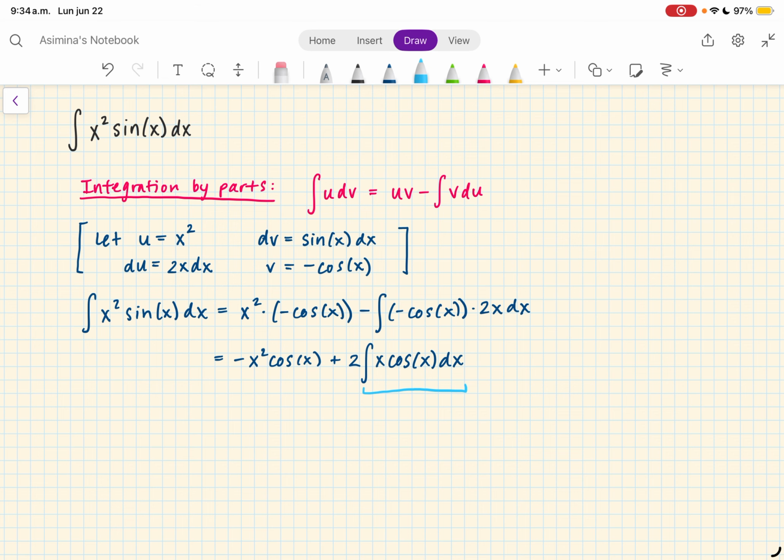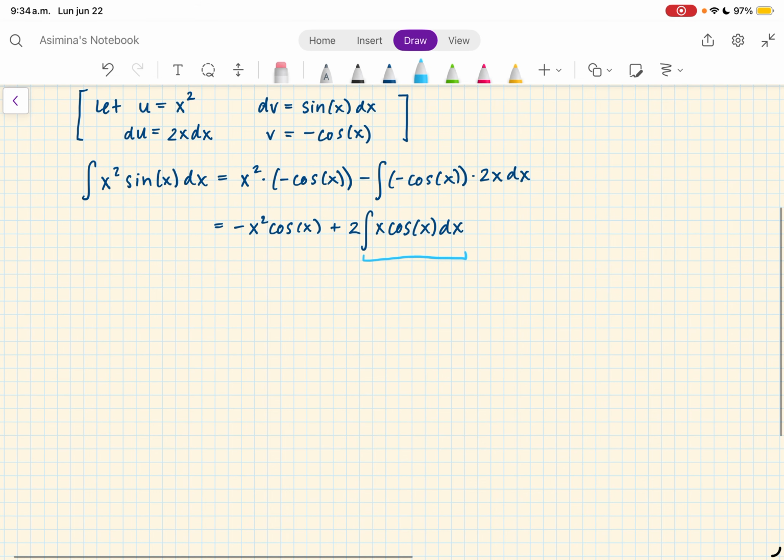Now I'm going to do something similar. I'm going to let u be x, so then du is equal to dx, and then I'm going to let dv be cosine of x dx. So if dv is cosine of x dx, then what's v? It's the antiderivative of cosine, which is sine.